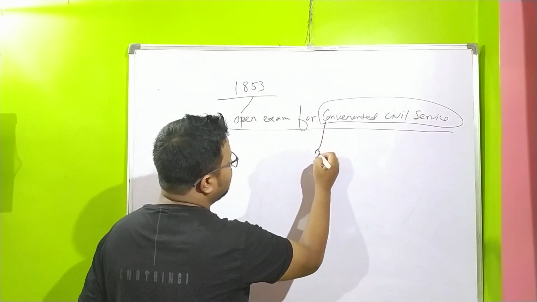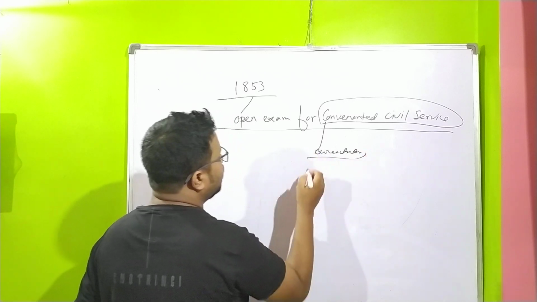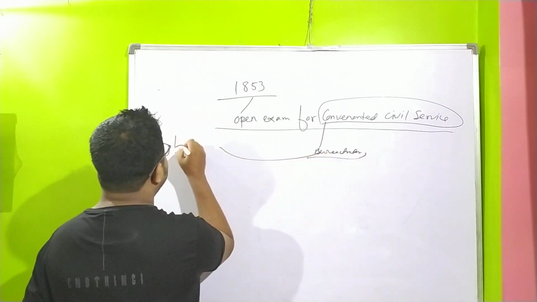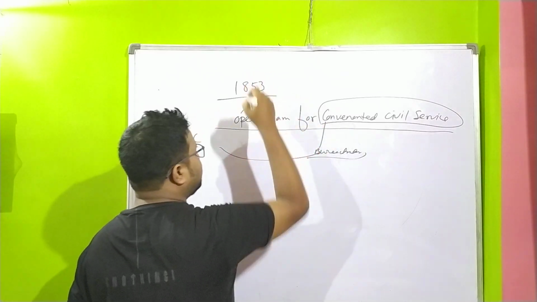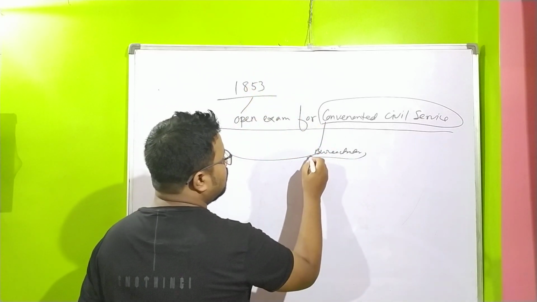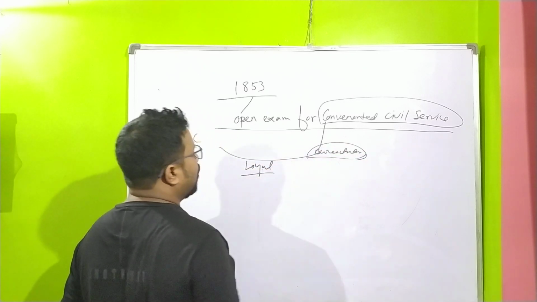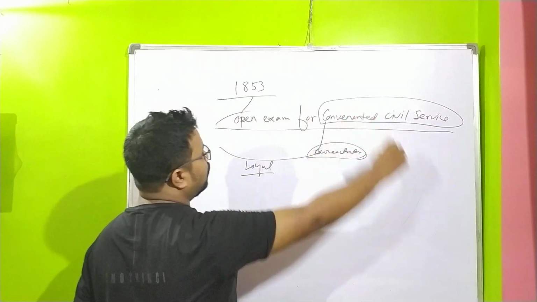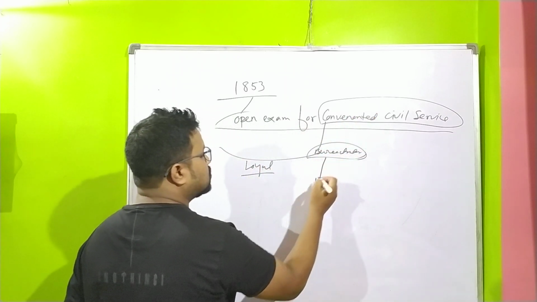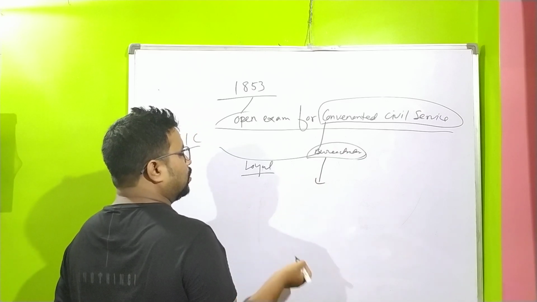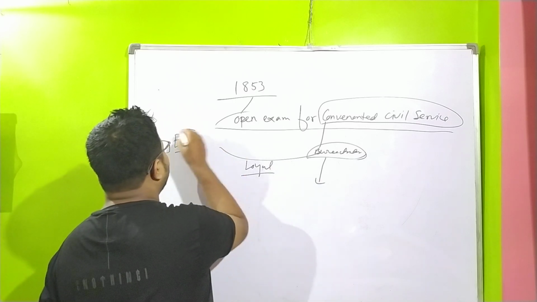So what happened? Earlier, before 1853, bureaucrats were loyal to the East India Company.